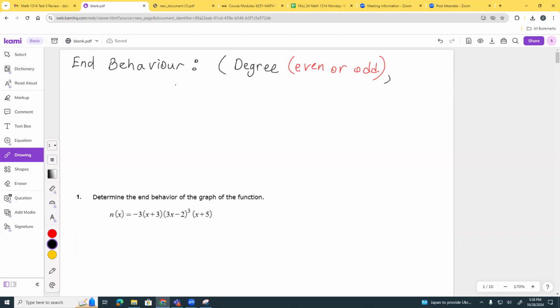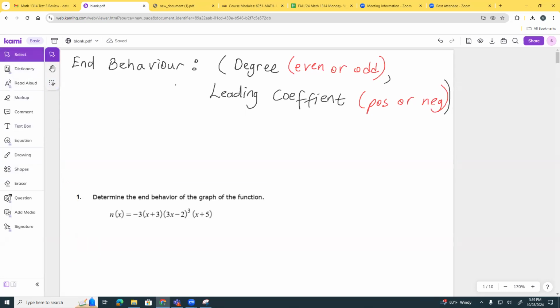And then the second thing we have to check is the leading coefficient of the polynomial. These are the only 2 things we have to check. And the leading coefficient can be positive or negative. So depending on these 2 things, we have 4 different rules.